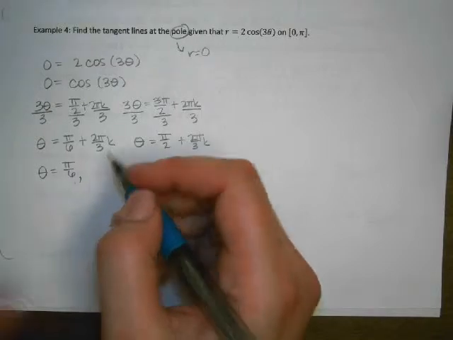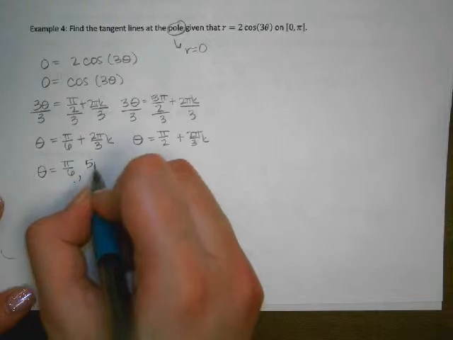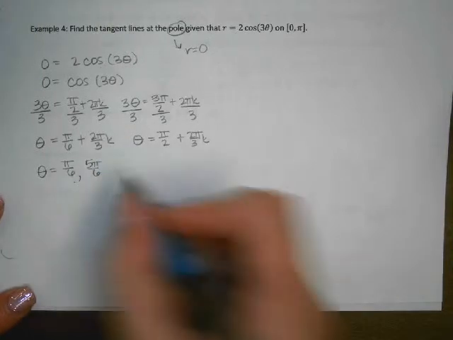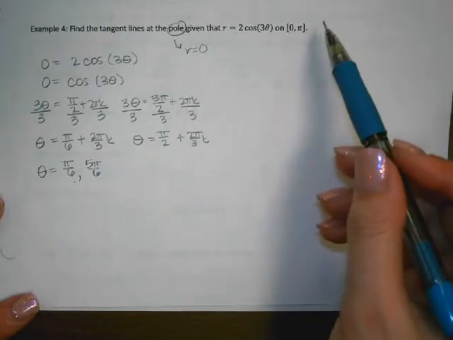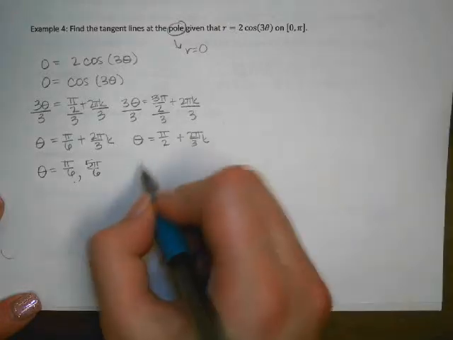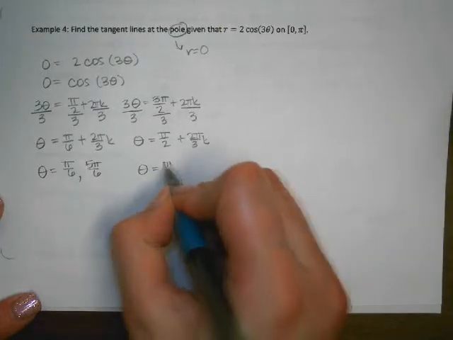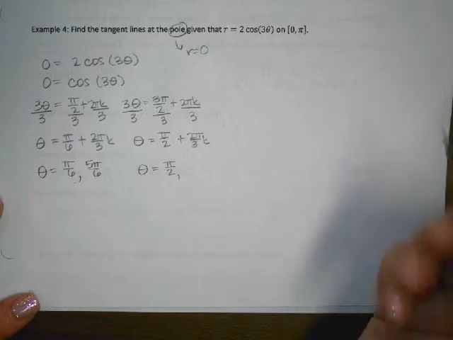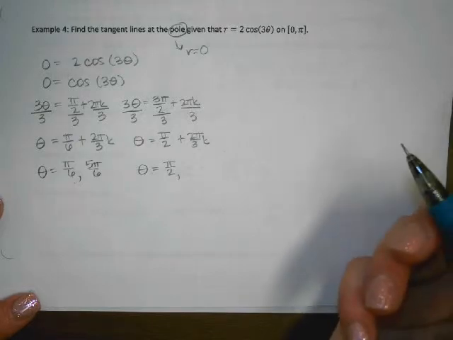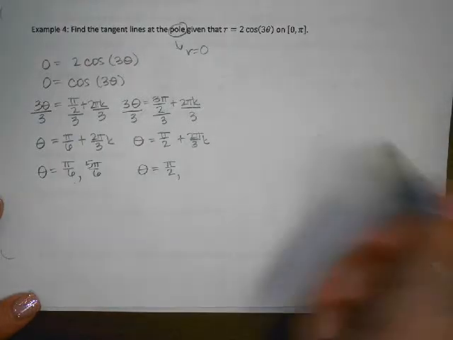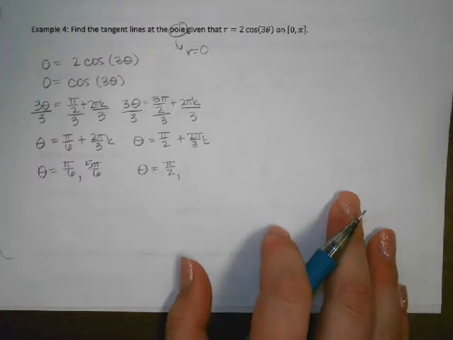Adding 4 over 6 would be 5 pi over 6. And then I don't want any values bigger than that because I'm only looking at values from 0 to pi. And then here I'm going to say pi halves. Pi halves plus 2 pi thirds would be bigger than pi, and so that's all we're considering.